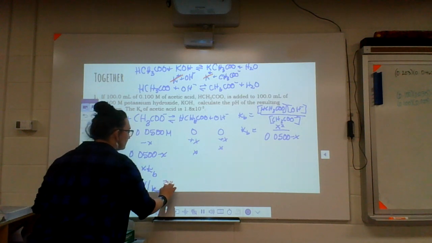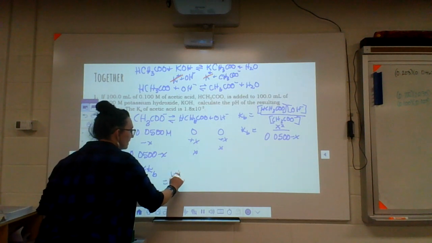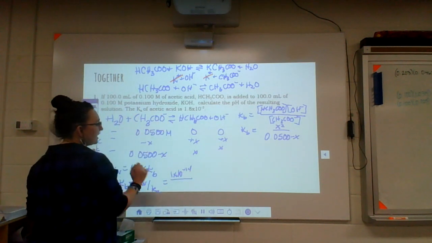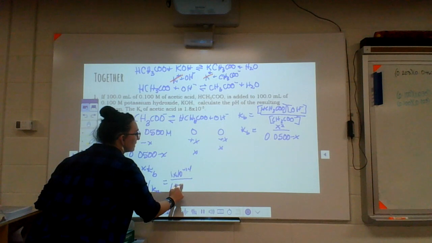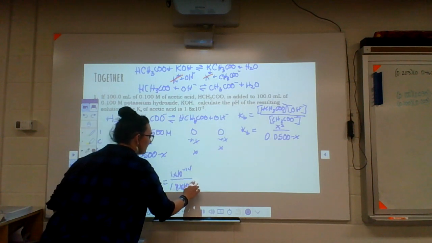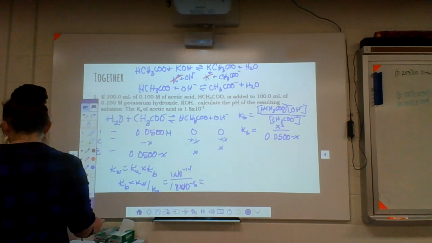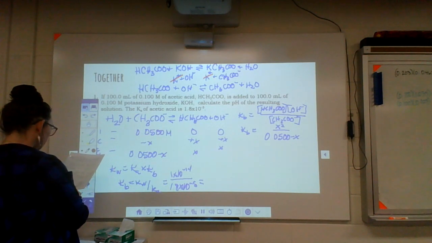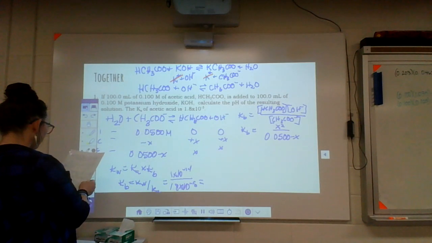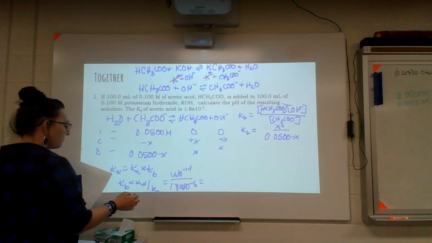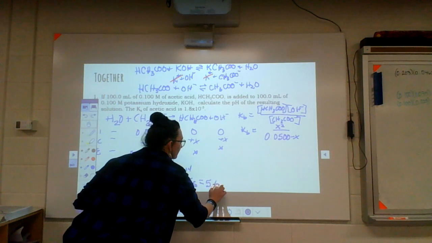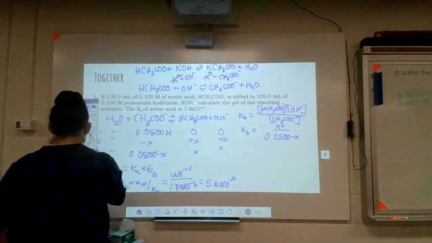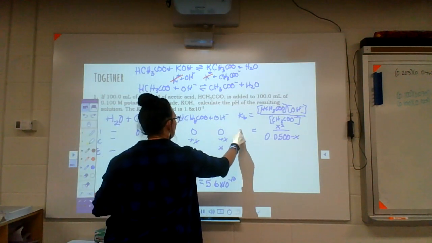Well, remember that Kw is equal to 1 times 10 to the negative 14 divided by the Ka that's given, 1.8 times 10 to the negative 5th. So my Kb is going to be equal to 5.6 times 10 to the negative 10. So I'm going to substitute that into my expression for Kb.